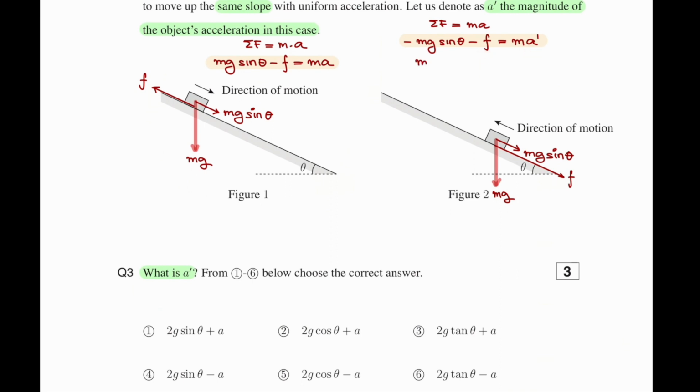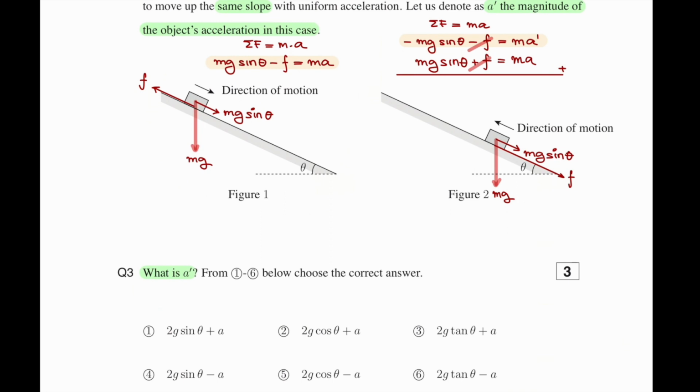I will simply add these two equations. Then you can cancel out the frictional force here. Negative f plus f can be cancelled out.